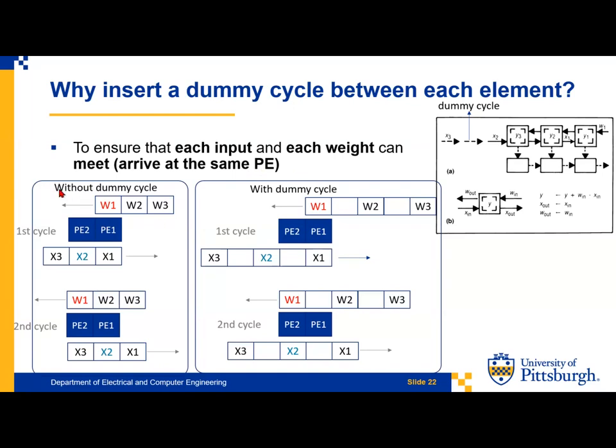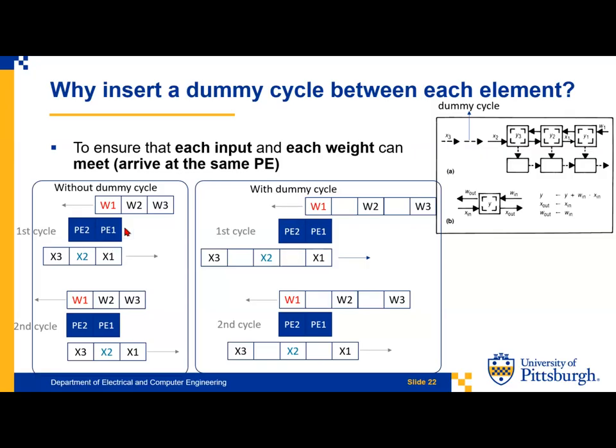For example, if we do that without a dummy cycle, at the first cycle, in PE1, W1 could do the multiplication with X1, right?